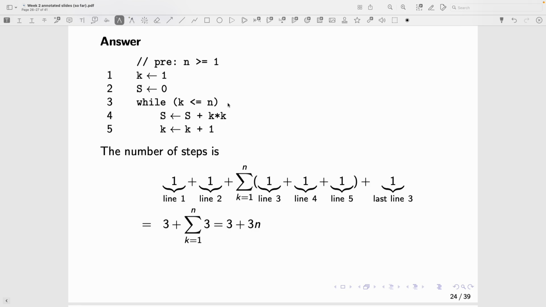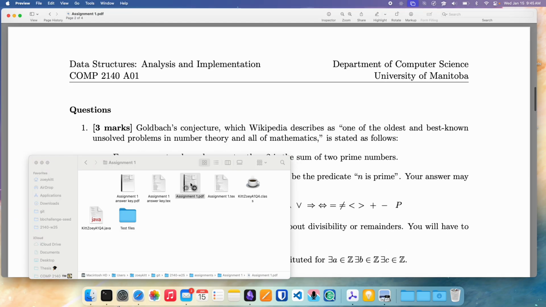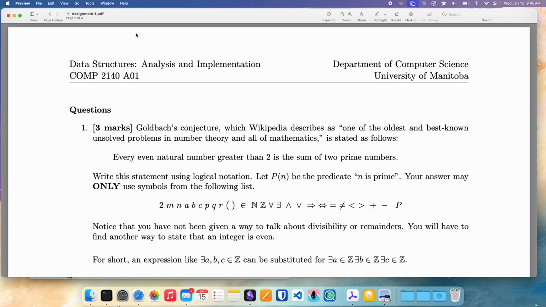Next up for today's plan was the assignment. The assignment is almost completed. I just haven't made the solution for the last part of the last question yet.